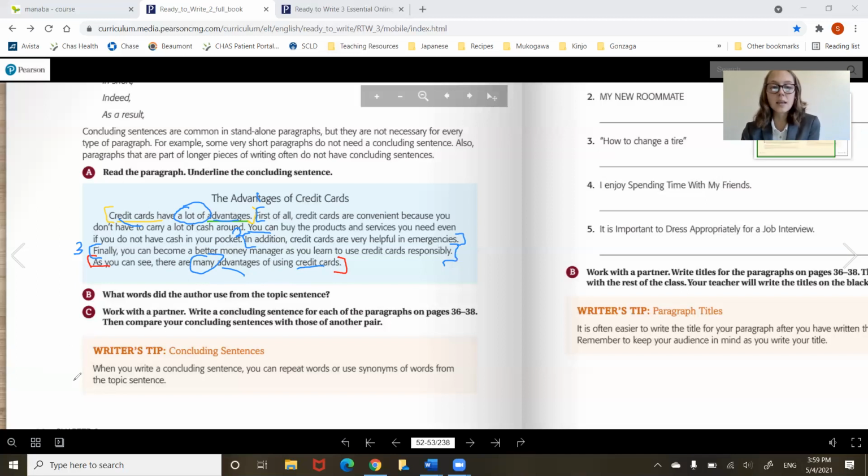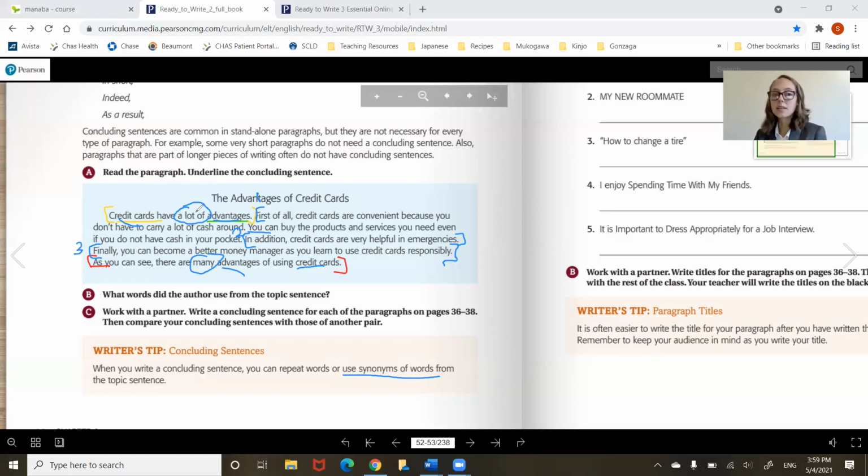So a tip, when you write a concluding sentence, you can repeat words or use synonyms of words from the topic sentence. I would suggest that you don't repeat words a lot. If you repeat the same words in your writing, it can be a little boring for the reader. So I really agree with this though, use synonyms of words. Synonyms is when we have the same idea, but a different word.